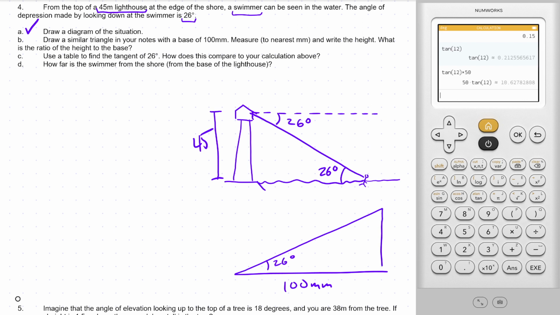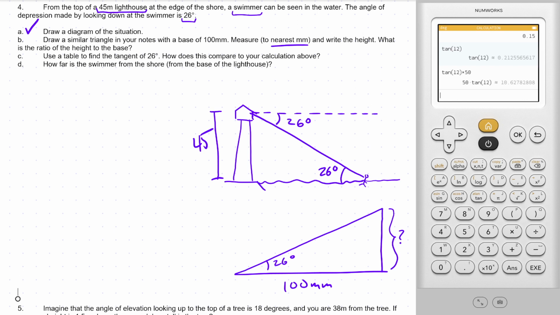Then use your ruler to find that length right there. If you do a pretty good job of getting this angle correct in 100 millimeters, and then you use your ruler to find this unknown side length, you should get very close to 50 millimeters, just under 50 millimeters. So measure to the nearest millimeter. It should be just under 50 millimeters if you do a good job of the drawing.